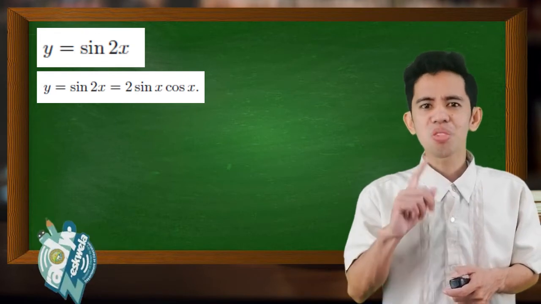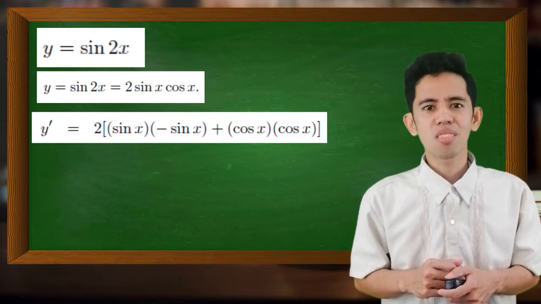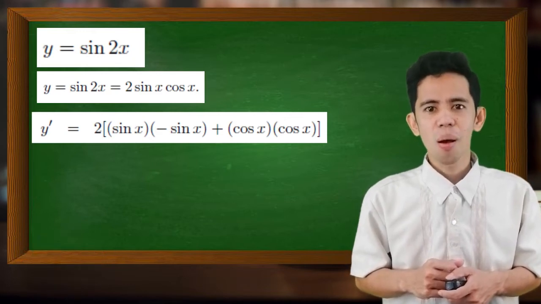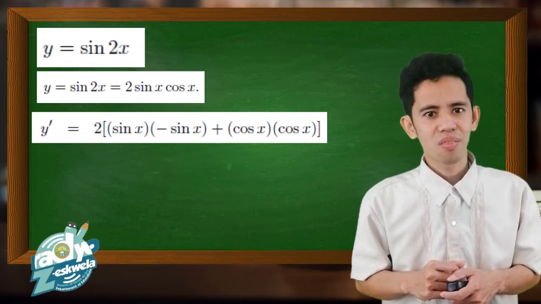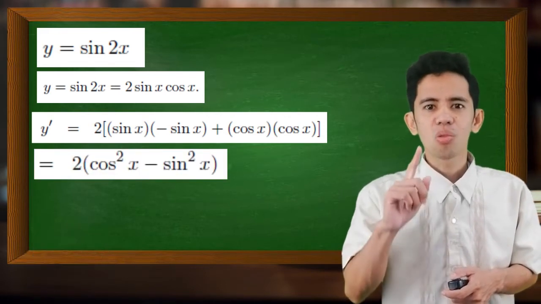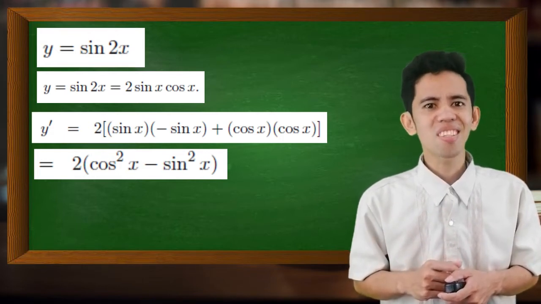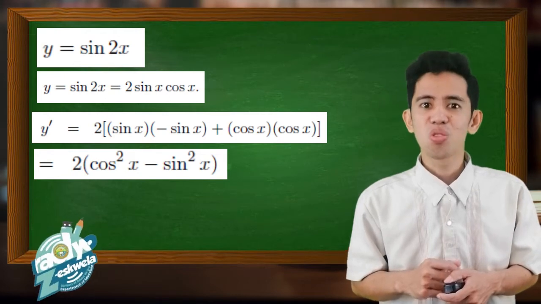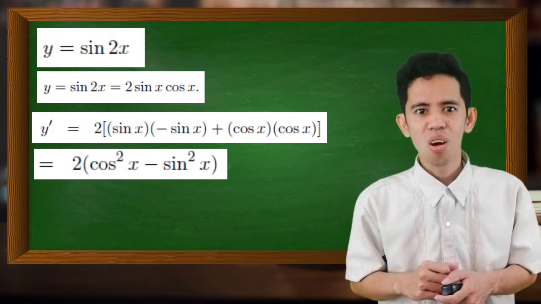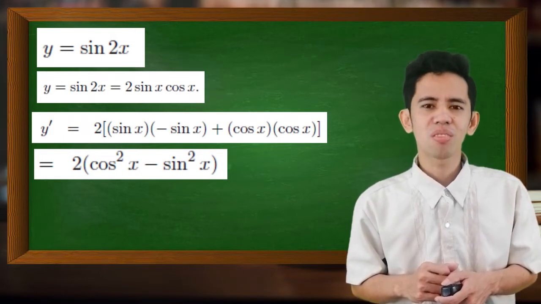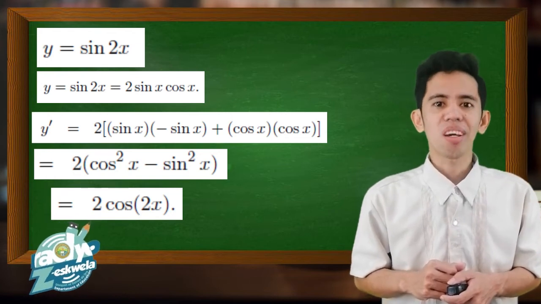Then, using the product rule, we have 2 sine x times negative sine x plus cos x times cos x, and 2 times cos squared x minus sine squared x. Then, using double trigonometric function conversion, we have derivative of y is equal to 2 cos 2x.